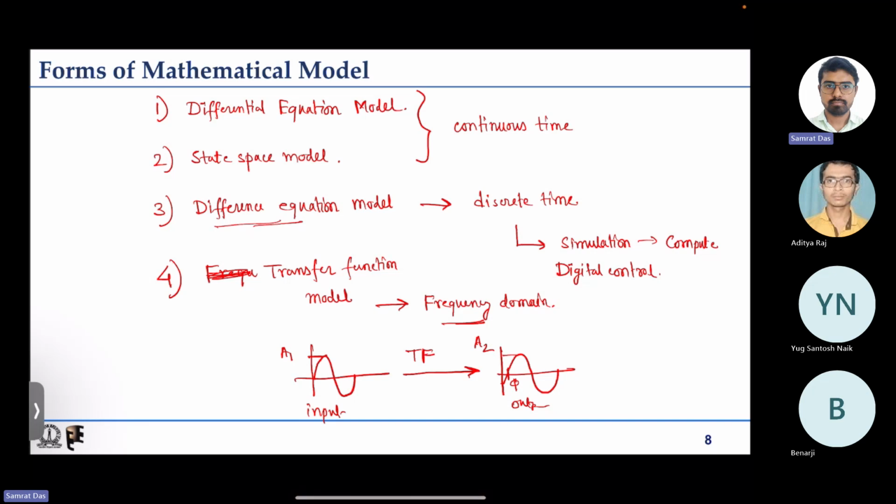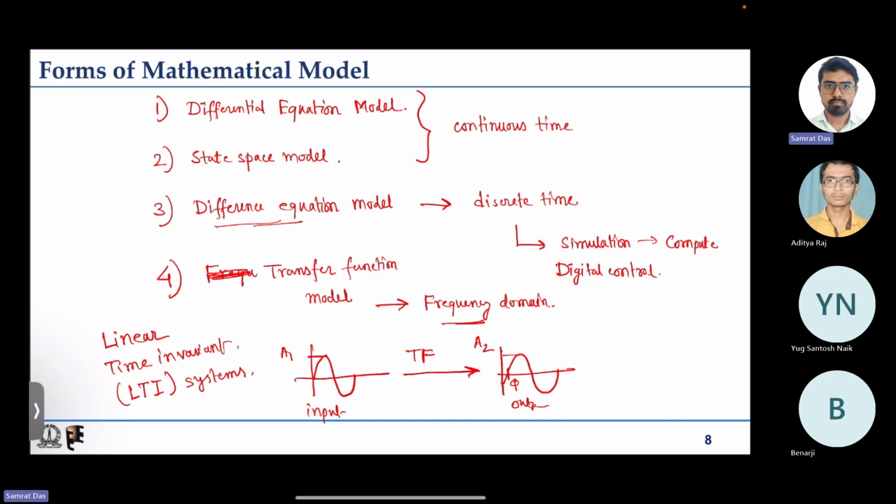And this transfer function model, only one type of system can be described by a transfer function model. The system has to be linear and time invariant, in short form LTI.